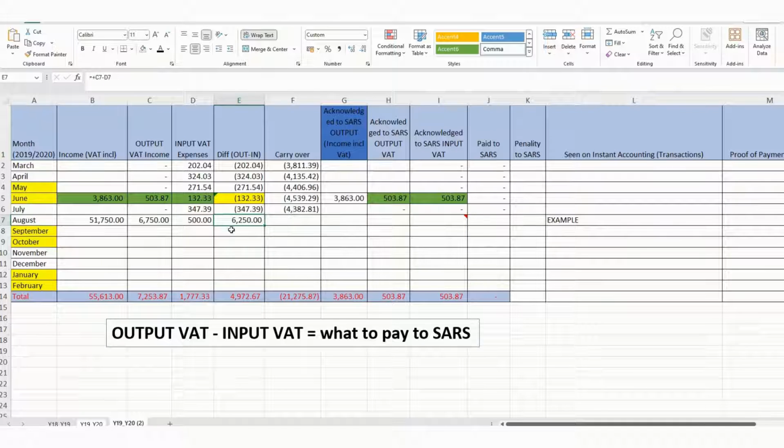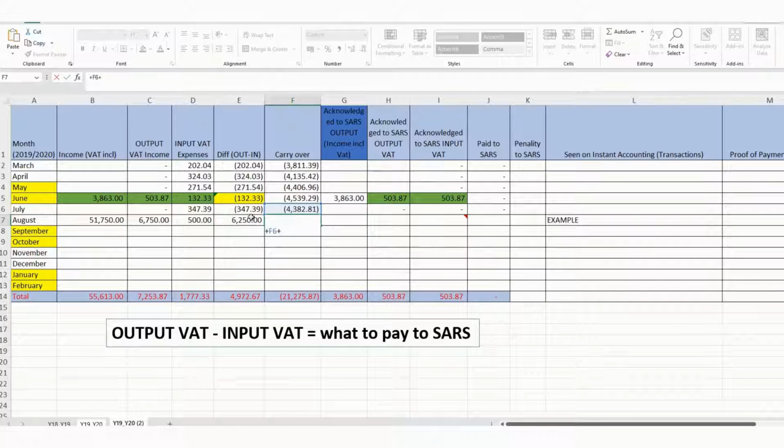And that's what I need to pay to SARS. But because I have a carryover of 4,000, I can add that to what I need to owe, and this is now the figure that I need to pay to SARS, 1,867.